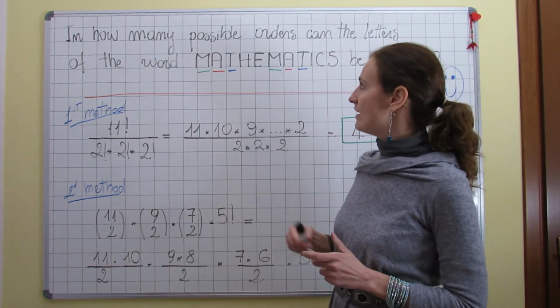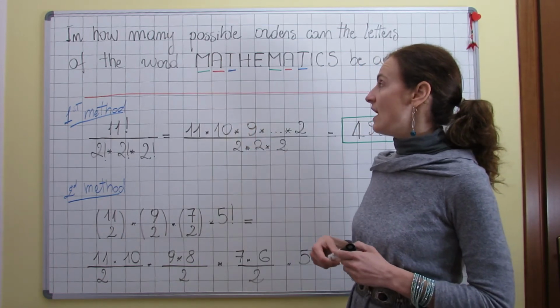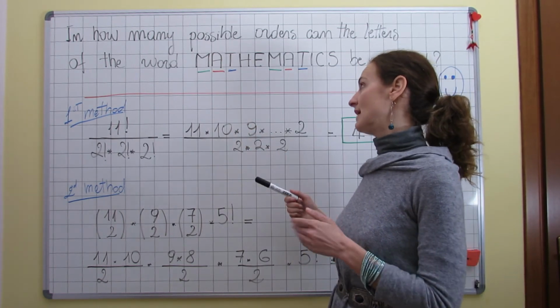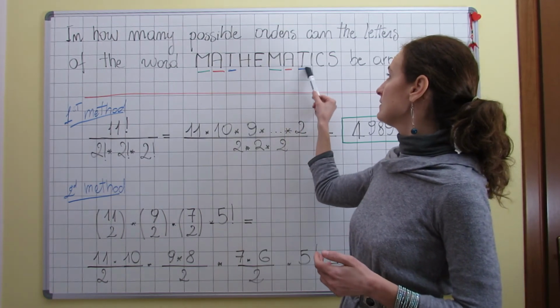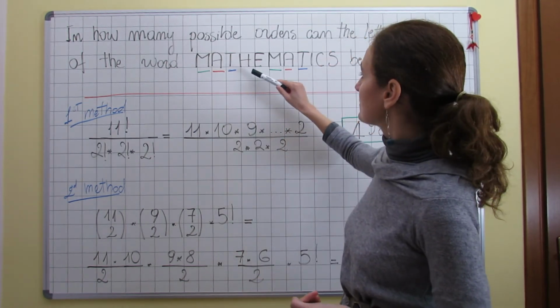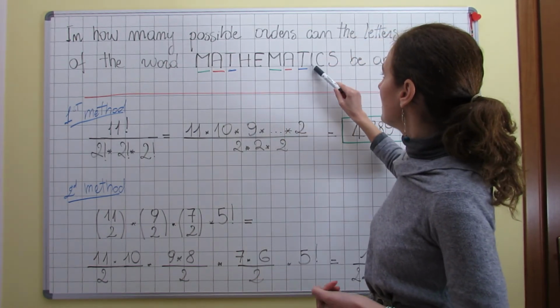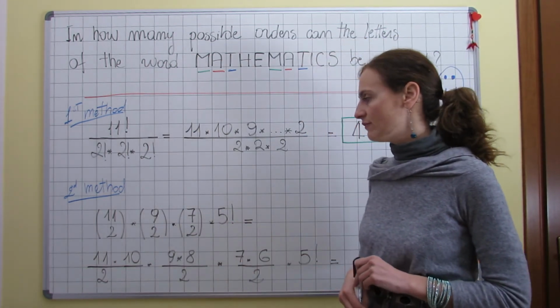So now you have placed the 2 M's, the 2 A's and the 2 T's, and you have to fill in 5 blanks with 5 different letters, the 5 different letters which are H, E, I, C, S. So how many ways? Of course 5 factorial.